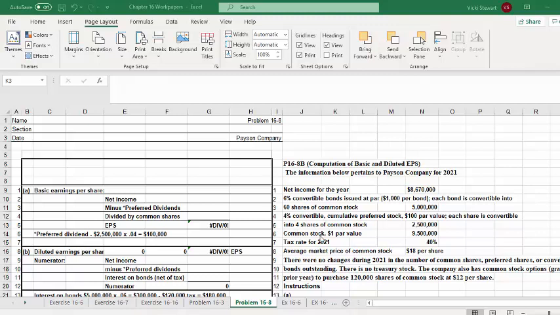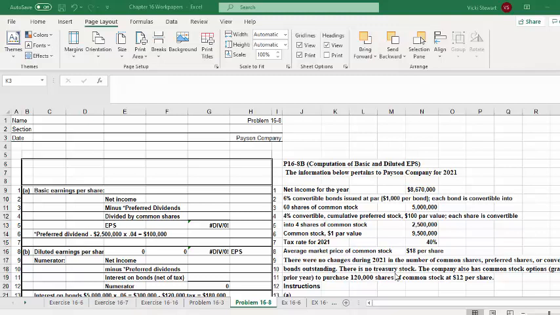It gives us the common stock and tells us that it is at $1 par value, gives us the tax rate for 2021, and the average market price of the common stock, which was $18 per share. The problem also states that there were no changes during 2021 in the number of common shares, preferred shares, or convertible bonds outstanding.